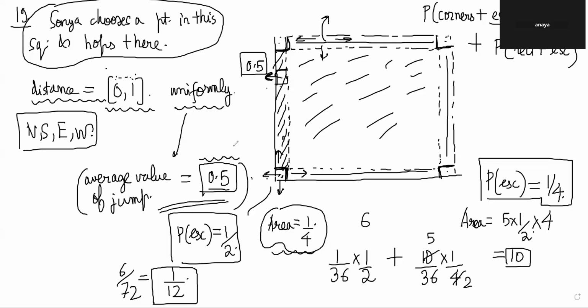So you have to take the average value of the jump. Are you understanding? Yes. So that is how you do this one. There probably will be other ways to do it also, but this is simple enough.